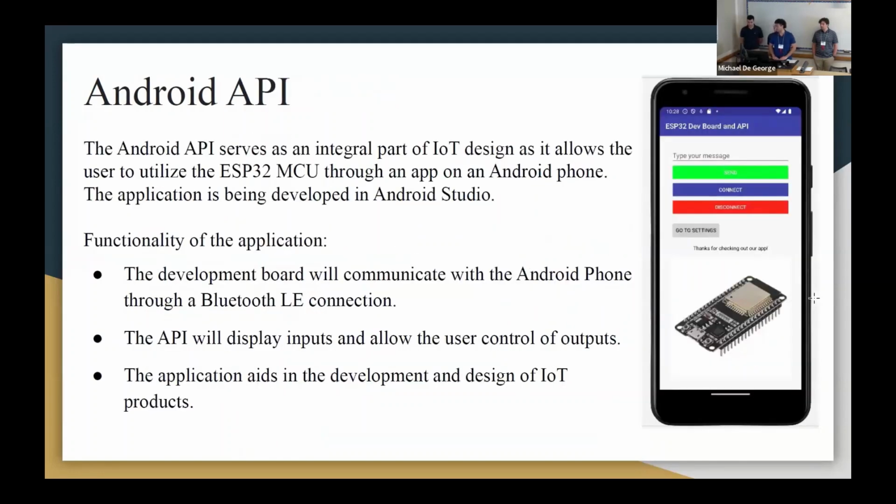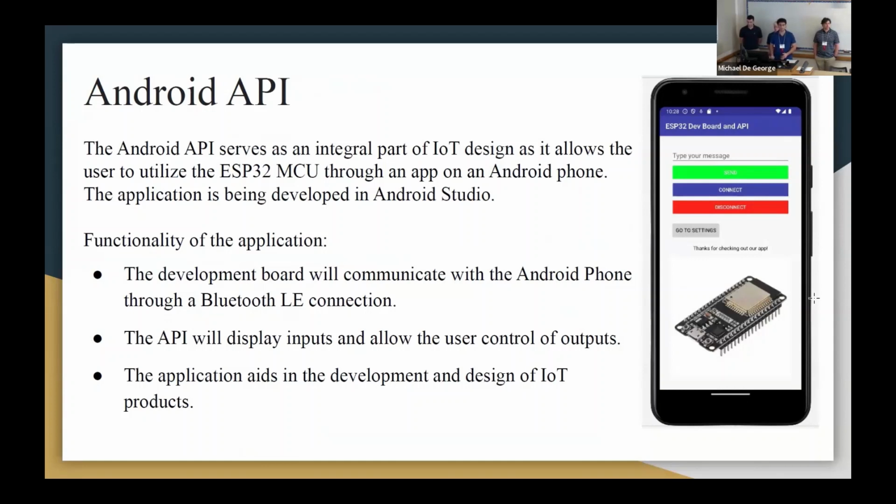So we're also making an Android API, which I'm working on. That's close to completion. So the goal of the API is it's being built in Android Studio. It's an Android app. Some of the goals are it has to be able to connect to the chip through the app. And then we want to be able to control user input and output from the app to the chip.